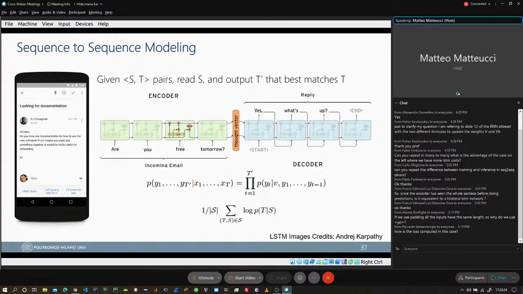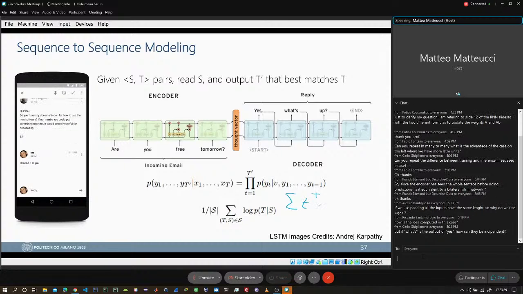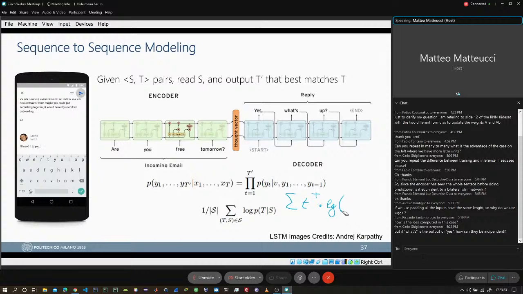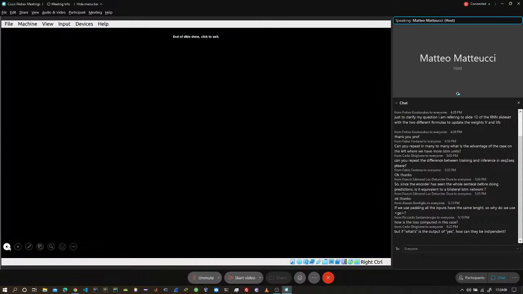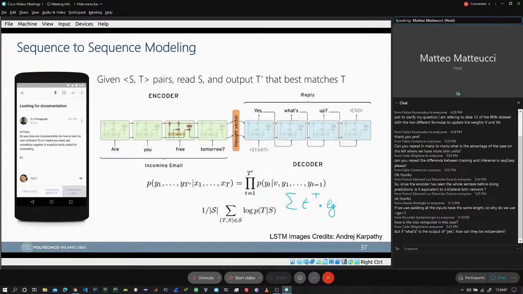If you remember, the cross entropy is the sum over all the data of the target, transposed, times the logarithm of the a posteriori probability of the target class given your input.